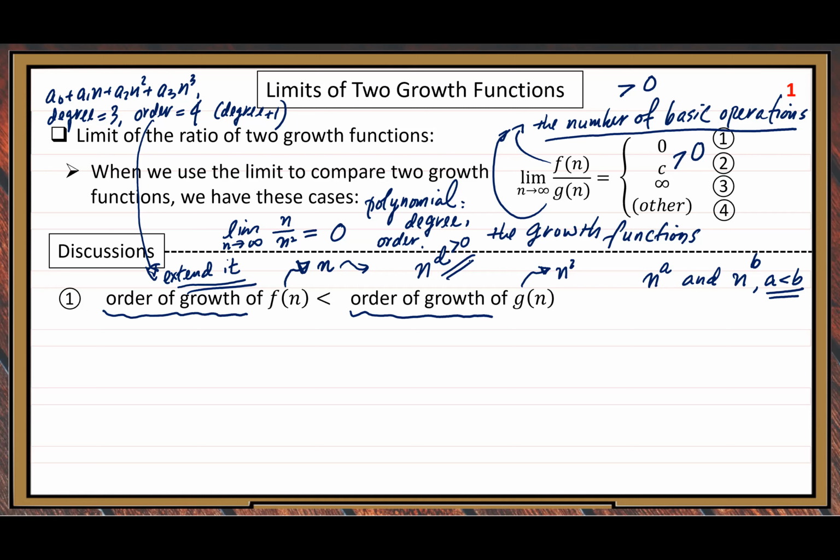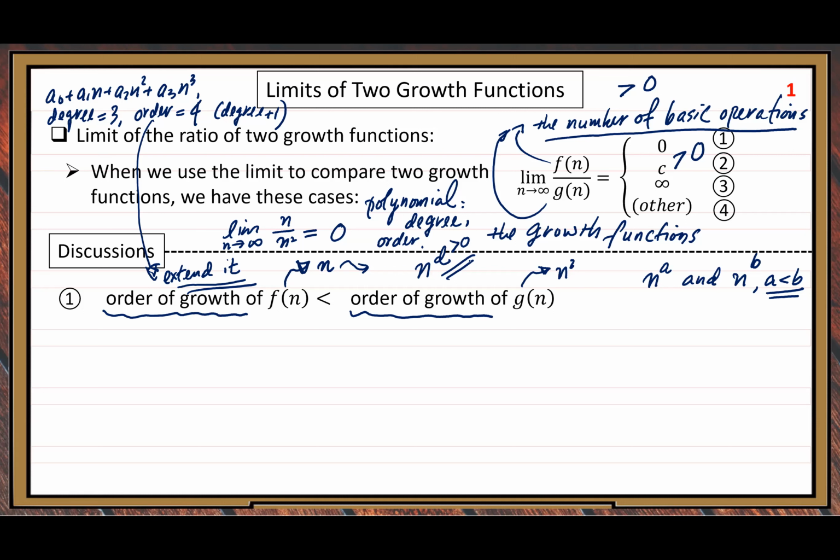That is the natural connection between the limit view and the order view, two different views that are closely connected. So that's case number 1.